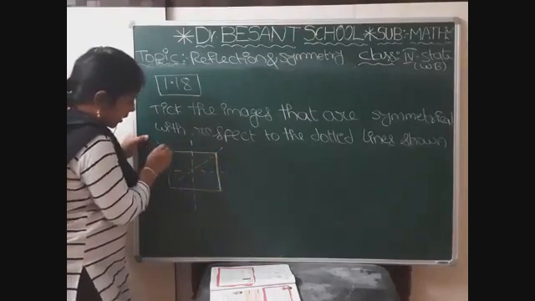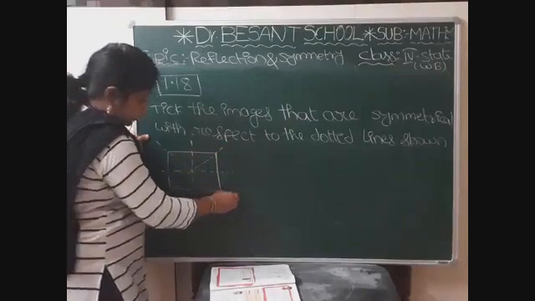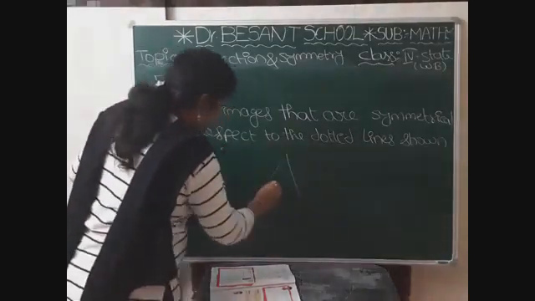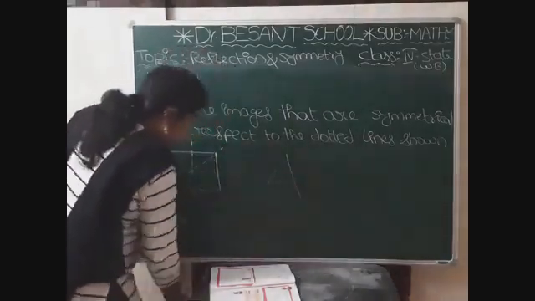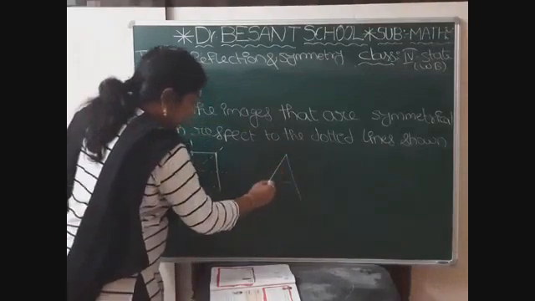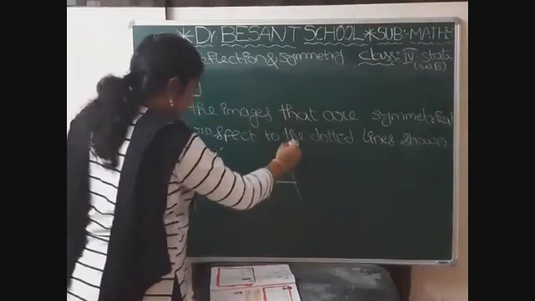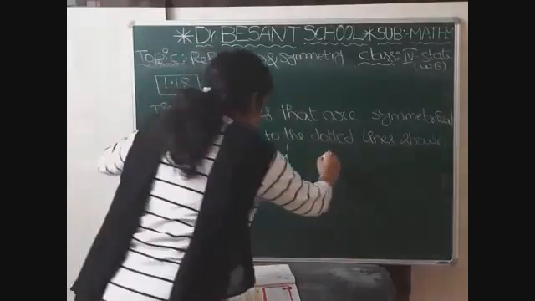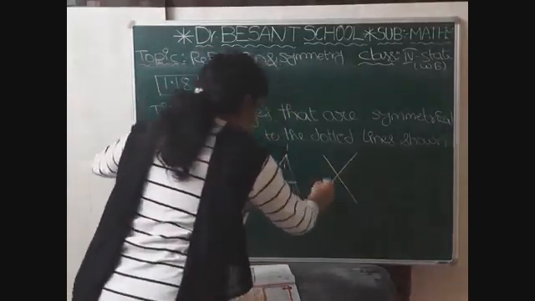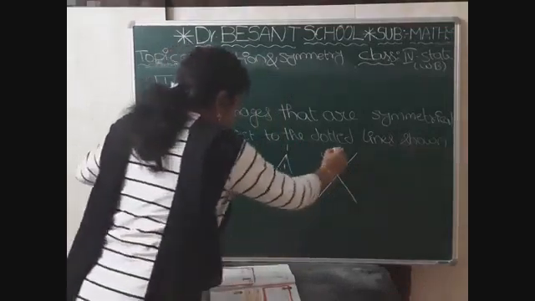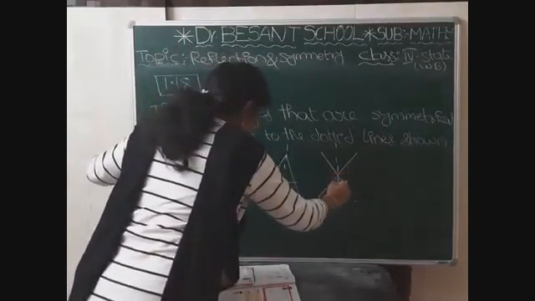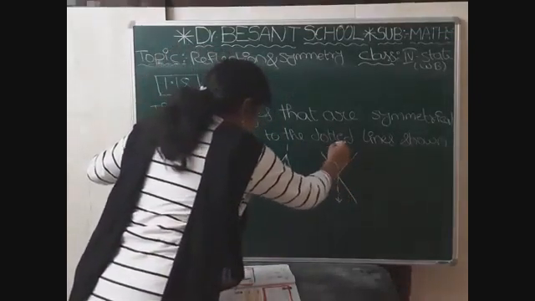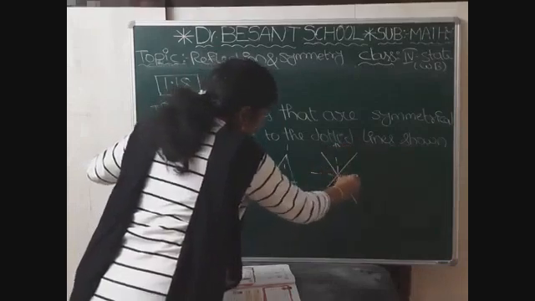Slant and slant. Next one, A. A is given for you. A like this given, vertical. Next one, X. X is given for you, vertical and horizontal.